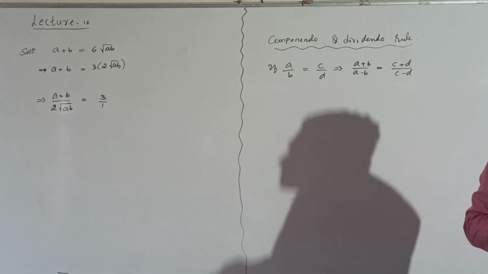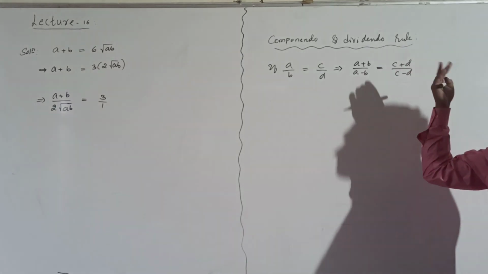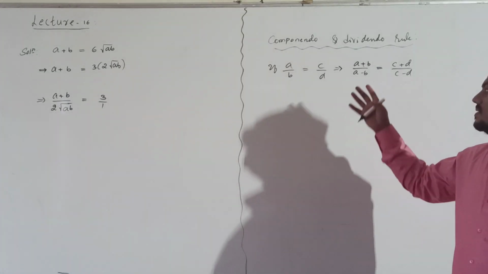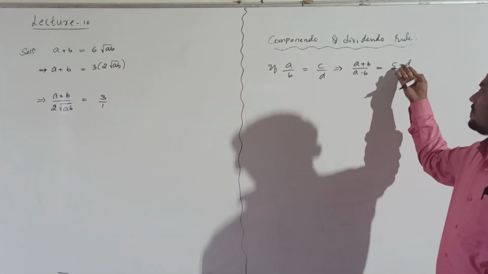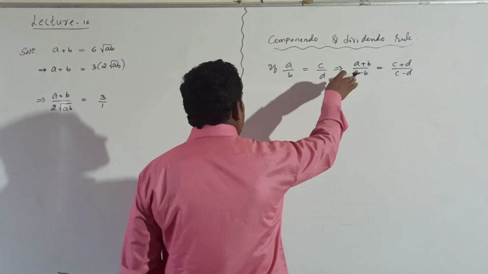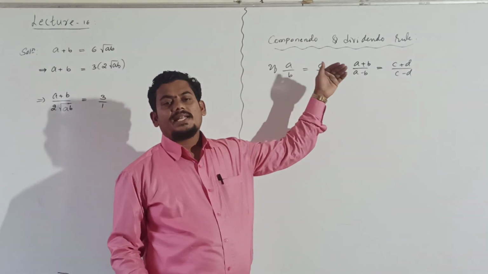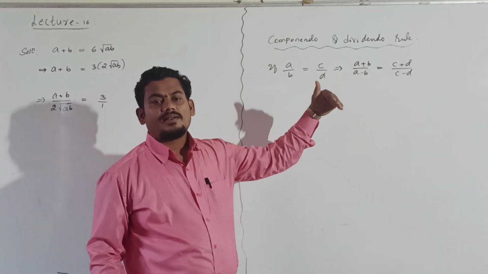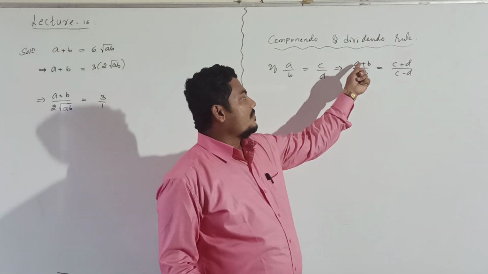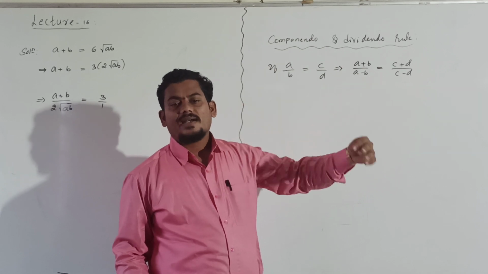Its reciprocal result is also true. We can write a minus b divided by a plus b is equal to c minus d divided by c plus d.